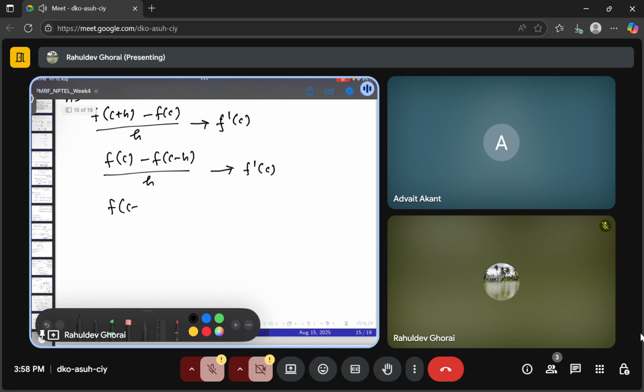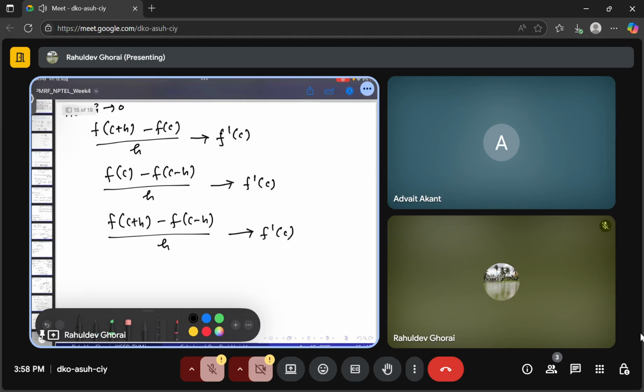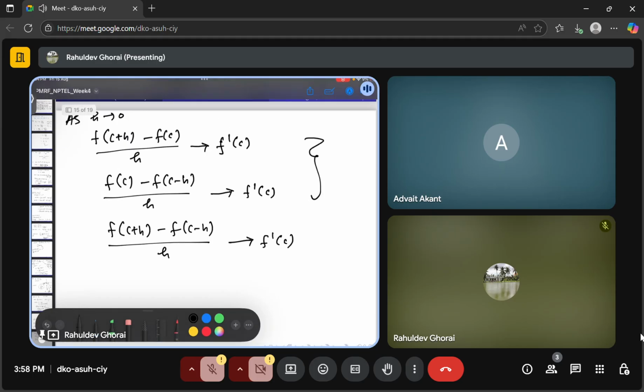Even f(c plus h) minus f(c minus h) over 2h will converge to f prime c. But something interesting is there among them, which you will see later maybe. But for now, you just understand this one. All three of them converge.